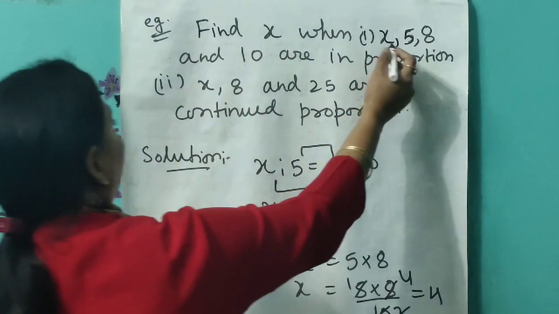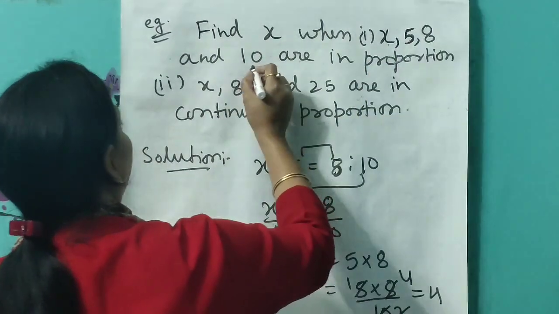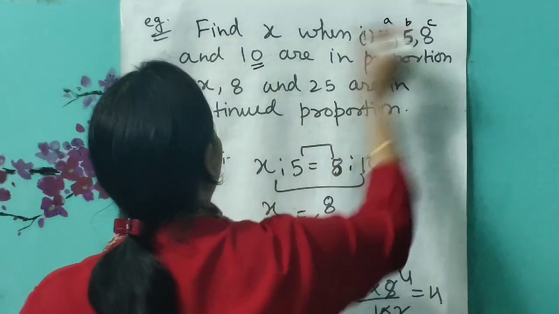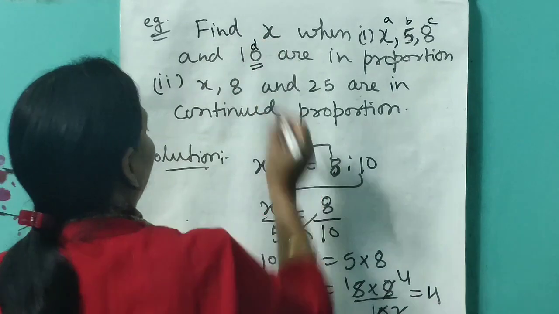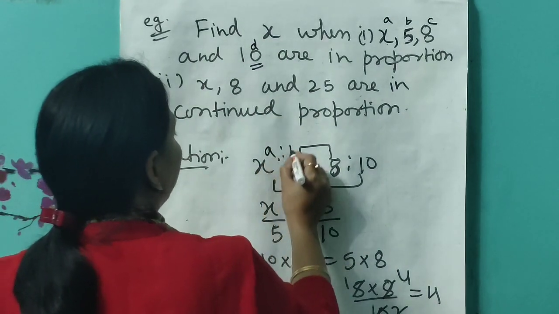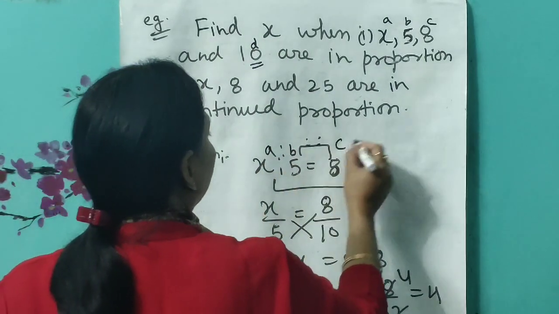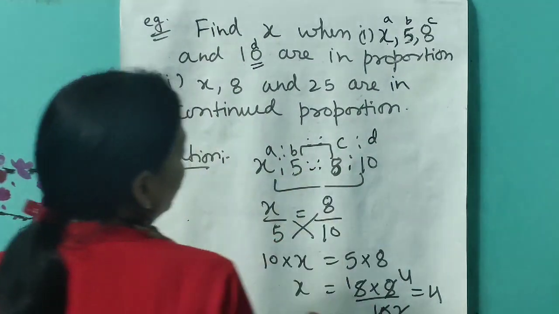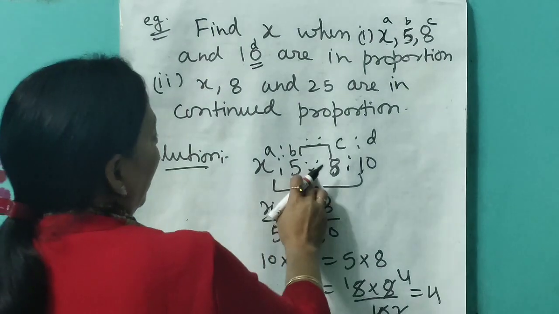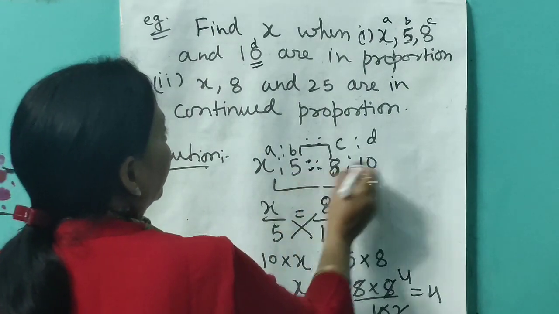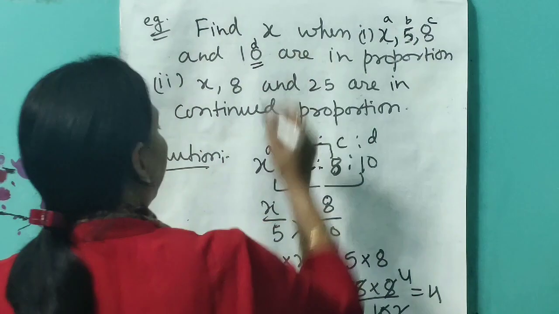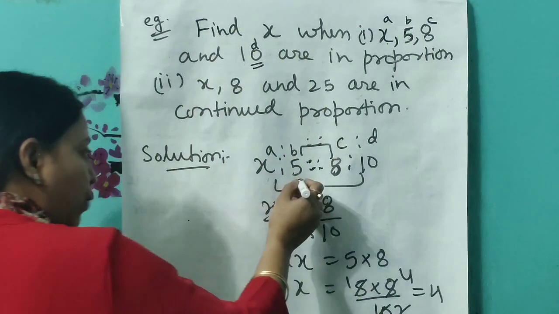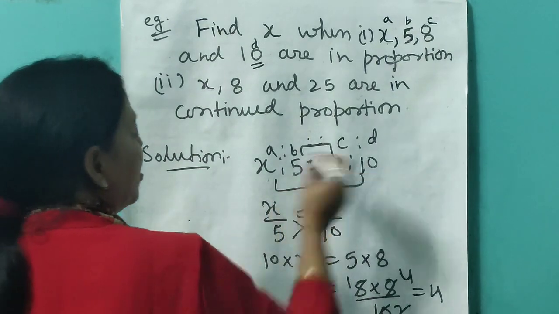So when these four values x, 5, 8 and 10 are in proportion, this is A, this is B, this is C and this is D. So you will write A is to B is in proportion with C is to D. So x is to 5 is in proportion with 8 is to 10.